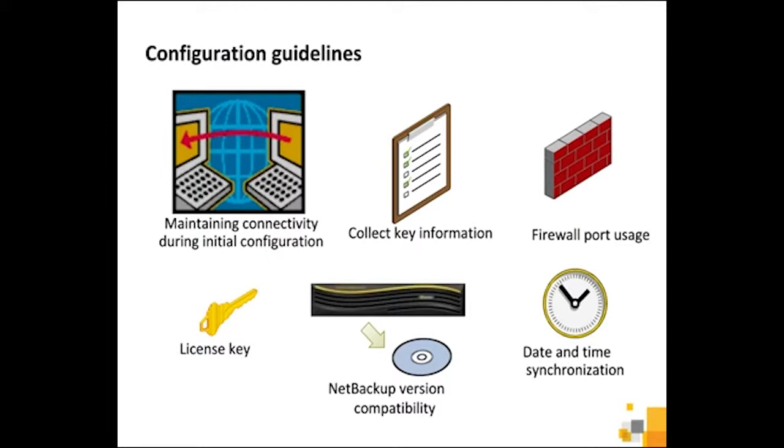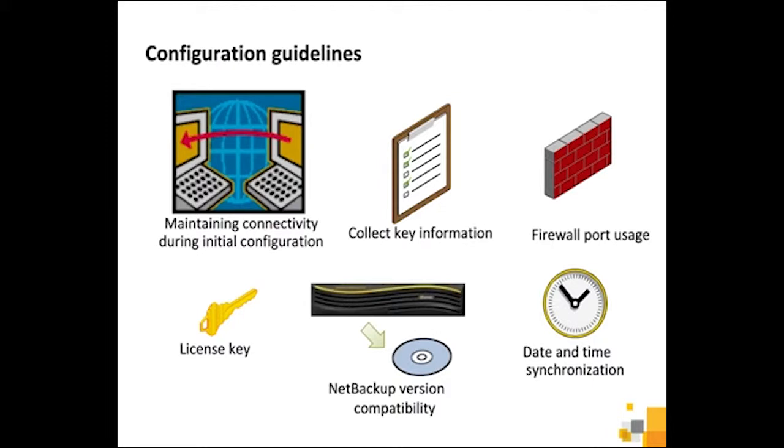To configure the NetBackup Appliance 5330 as a media server, the master must use the appropriate software version. If it's an appliance master server, it must use appliance software version 2.6.1 or later. If it's a traditional master server, it must use NetBackup version 7.6.1 or later.